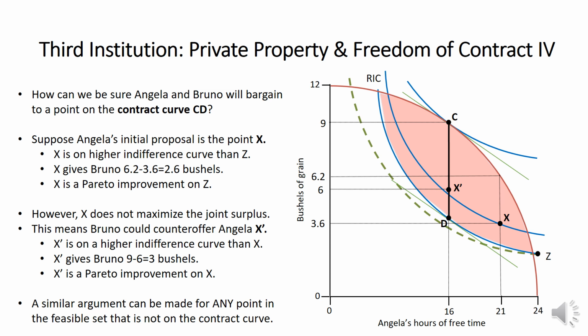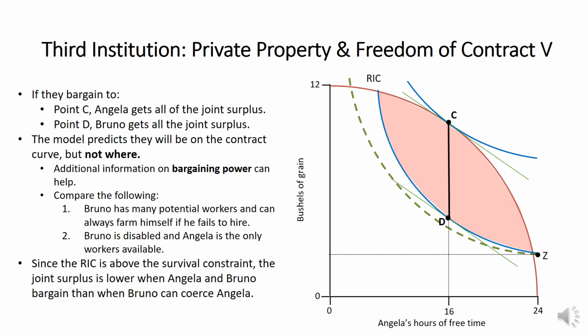So for any allocation in the feasible set that's not on the contract curve, there's at least one allocation on the contract curve that is a Pareto improvement over it. And so the model predicts that they'll be bargaining to the contract curve, but not exactly where on it.